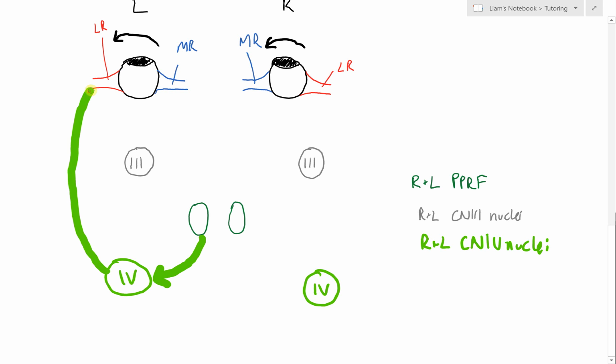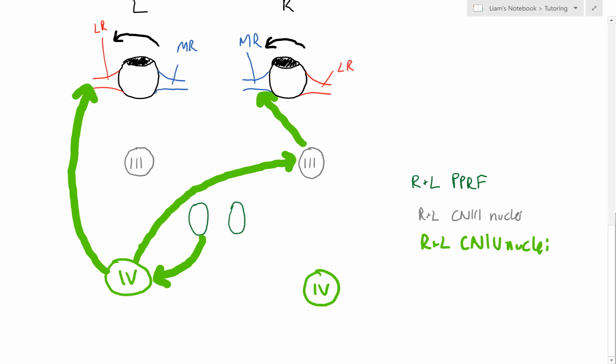So if we're activating that nuclei, we're going to activate our left lateral rectus. At the same time, this is going to send fibers over to the cranial 3 nuclei, which then is going to innervate our medial rectus on this side. So that's how we get the activation part of this process.